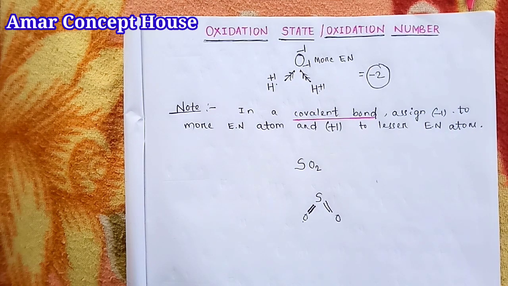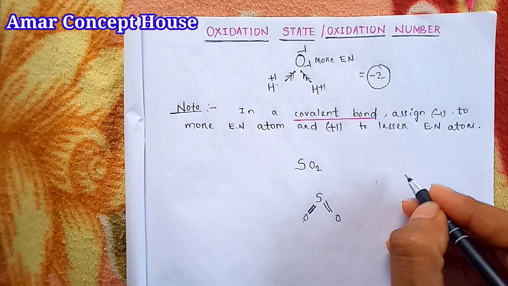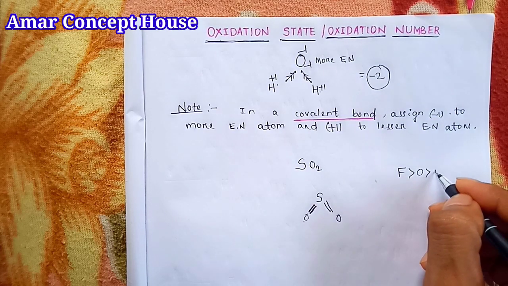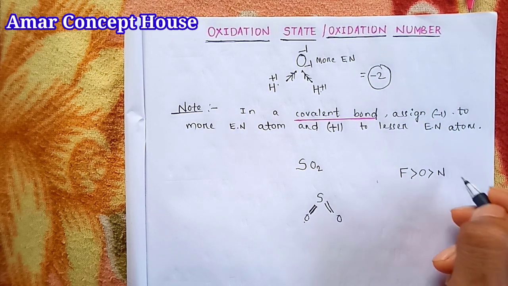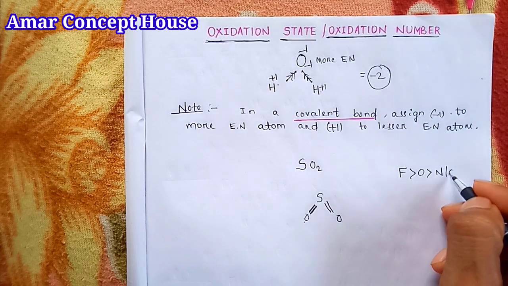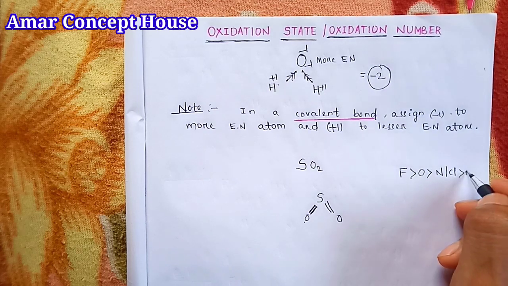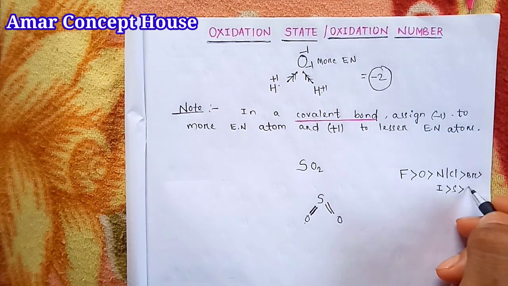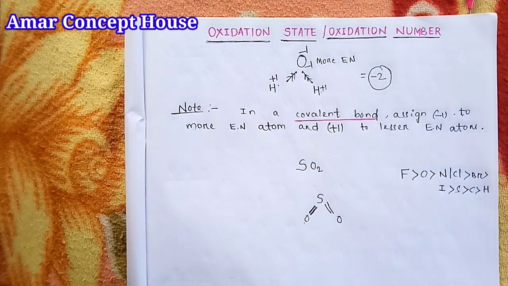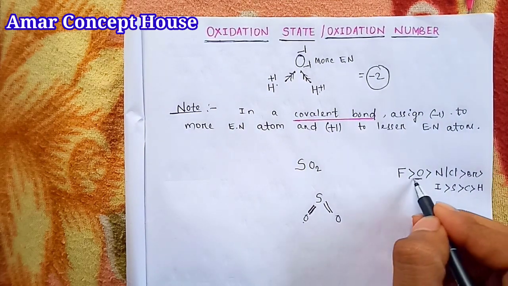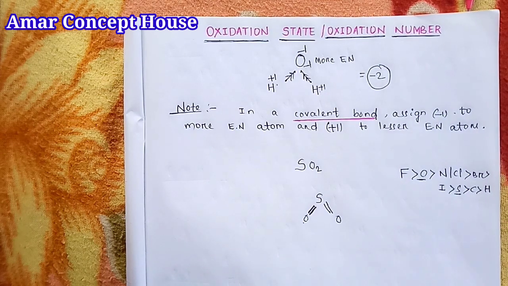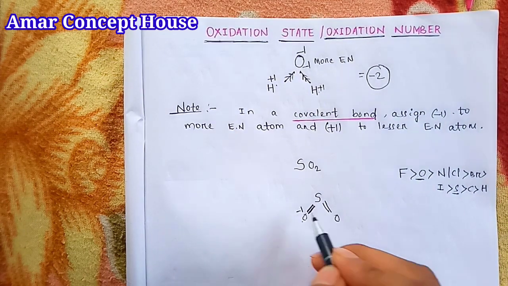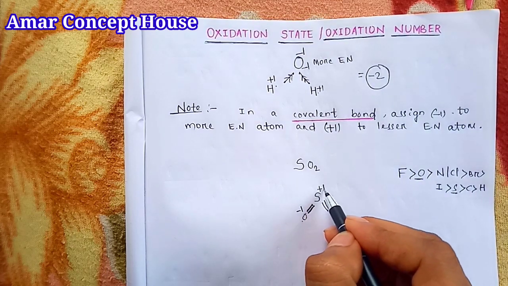As we know, the order of electronegativity is fluorine, oxygen, nitrogen (same as chlorine), bromine, iodine, sulfur, carbon, hydrogen. So here oxygen is more electronegative than sulfur. So for this one it is -1 and it is +1.